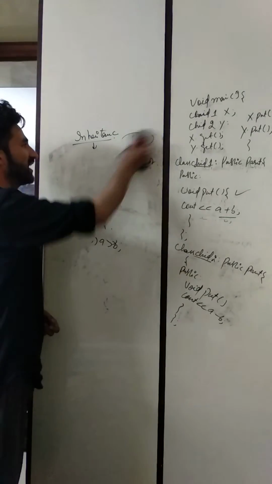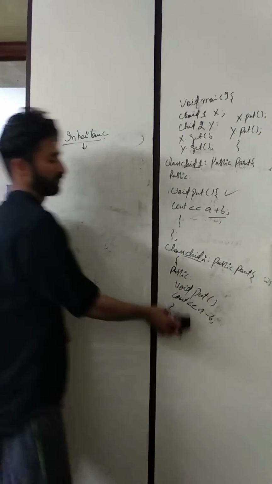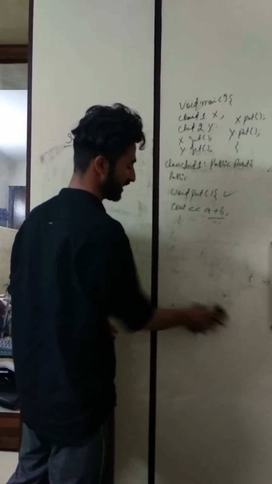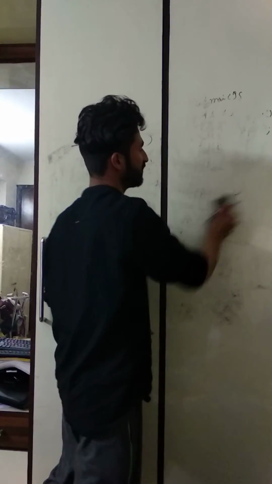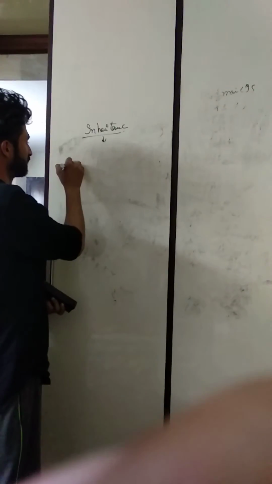The fourth and final type of inheritance is multiple inheritance. The concept is very important.